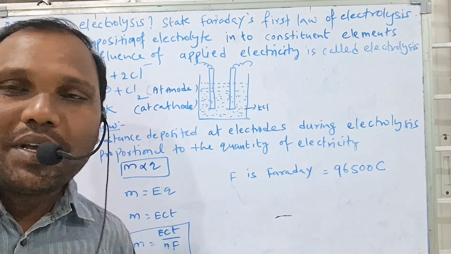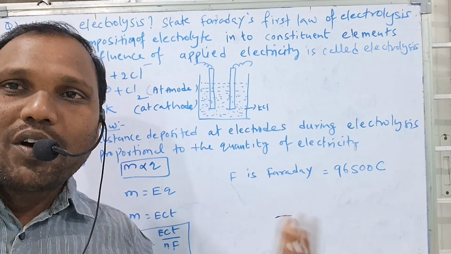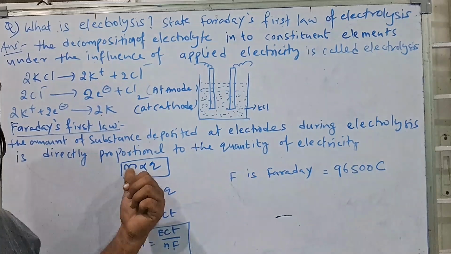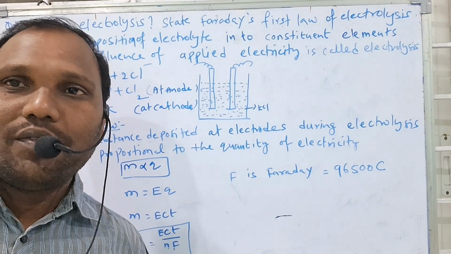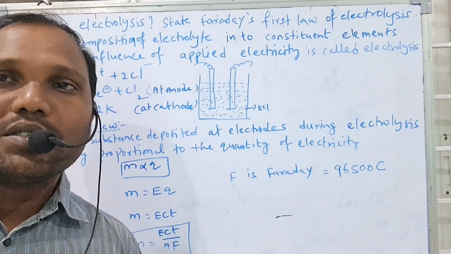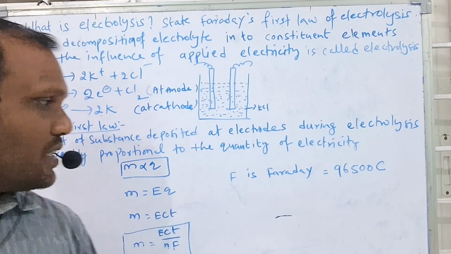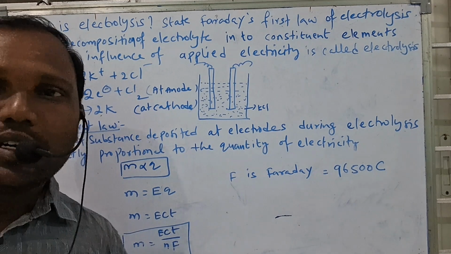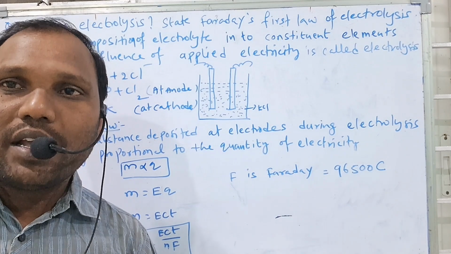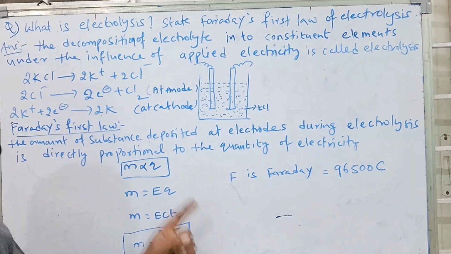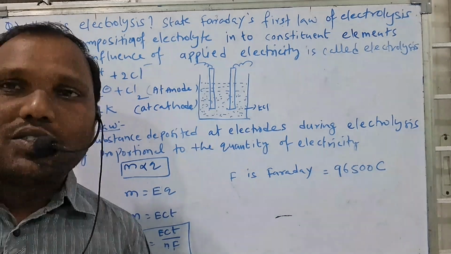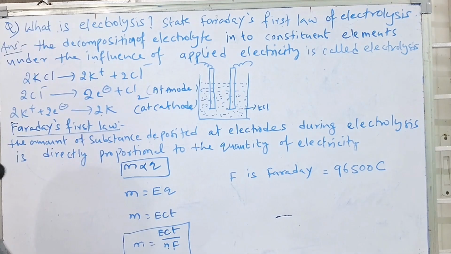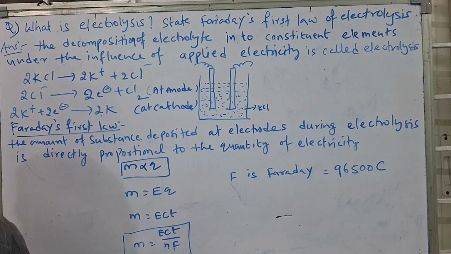Directly proportional means when the charge of electricity increases, the deposited amount of the substance also increases. If it decreases, the mass also decreases. Okay, that's why the mass of the substance deposited at an electrode during electrolysis is directly proportional to the charge applied in the electrolysis. So M is directly proportional to Q.